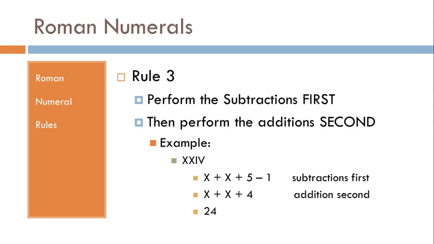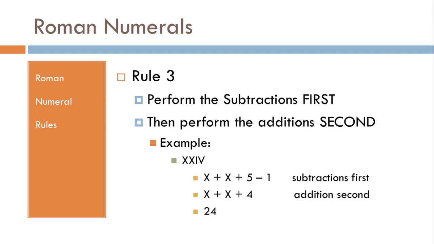Rule number 3, we're going to perform the subtractions first, and then perform the additions second. One way I remember that is the plus sign is 2 bars, and the minus sign is 1 bar. So the minus or the subtraction sign is 1 bar, so it's first. The plus sign is 2 bars crossed over each other, so it's second. For the example here I have 24, not a Cowboys Super Bowl.